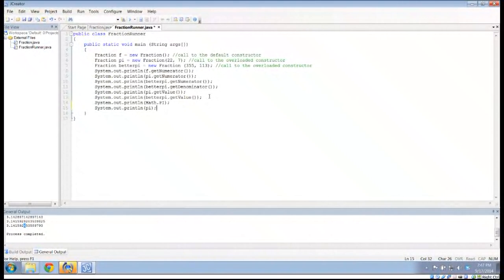And the thing is, if I try this, Java has no problem with it. I'm not going to like the result, though. Because what it does is it tells me, hey, this thing you asked me to print out, it's a fraction, and here's its location in memory.